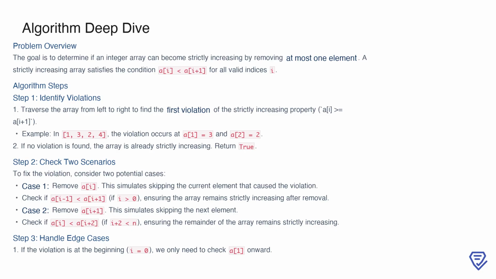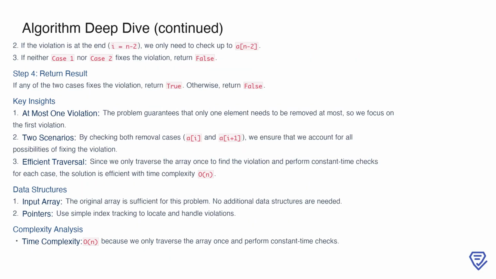These two scenarios allow us to test whether we can resolve the violation while maintaining the strictly increasing property. Special attention is given to edge cases, such as when the violation occurs at the beginning of the array, where only the elements from index 1 onward need to be checked. If the violation occurs at the end of the array, specifically at index n-2, we only need to verify the array up to n-2.